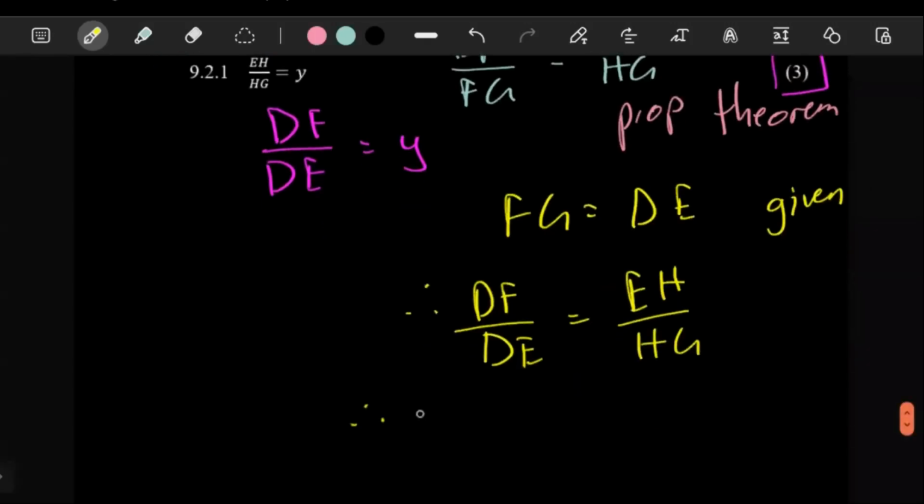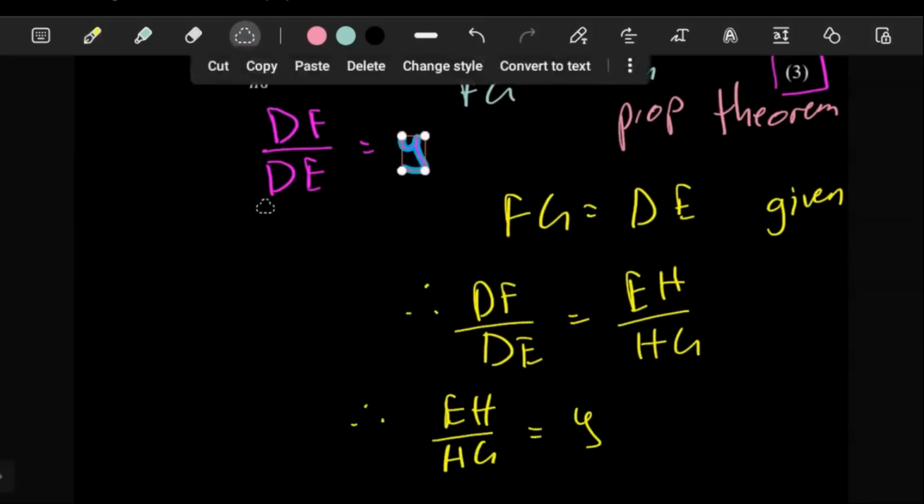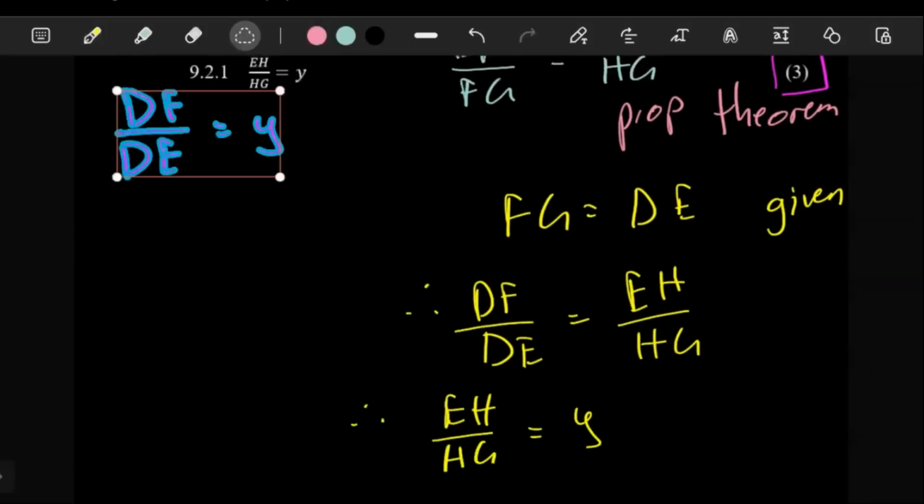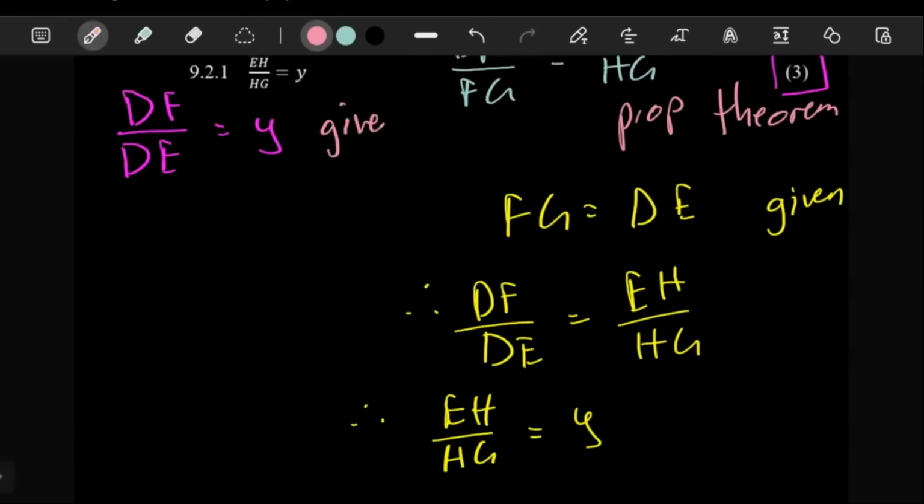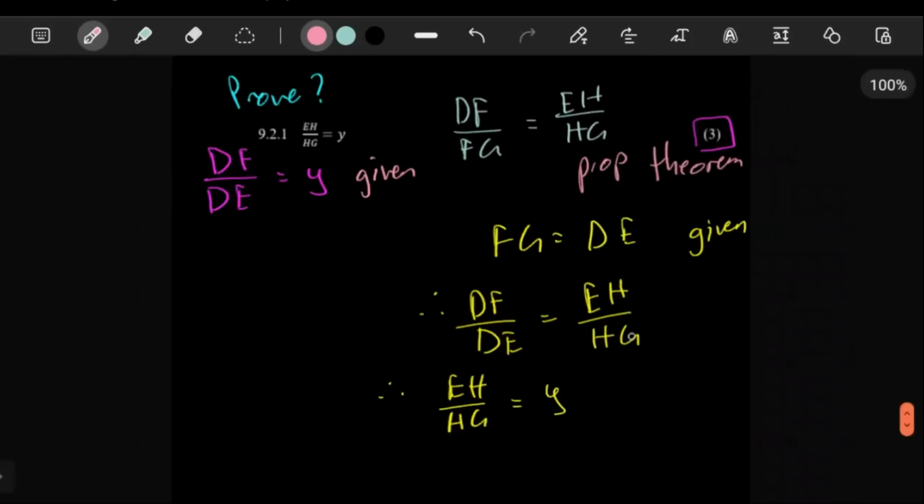So here, therefore, EH over HG is equal to Y, because DF over DE is also equal to Y. This is something they gave us. We can even just drop here given. It's a given statement. And then from there, we were able to do all we did here and show that this is also equal to Y for 3 easy marks.